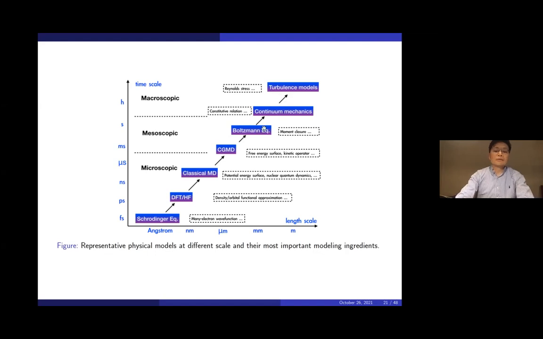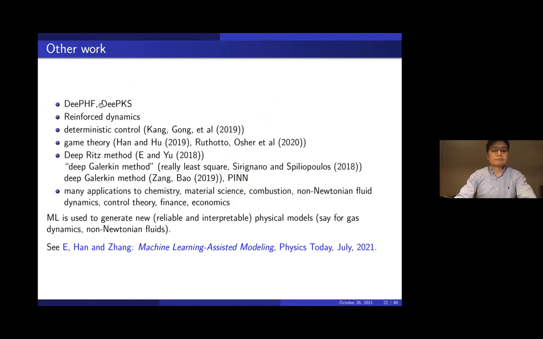One can imagine using machine learning, using deep learning, to develop more efficient algorithms. And actually, we've done quite a number of those, for density functional theory, for sampling high dimensional space, et cetera. Other people have also done a lot of work along these lines.